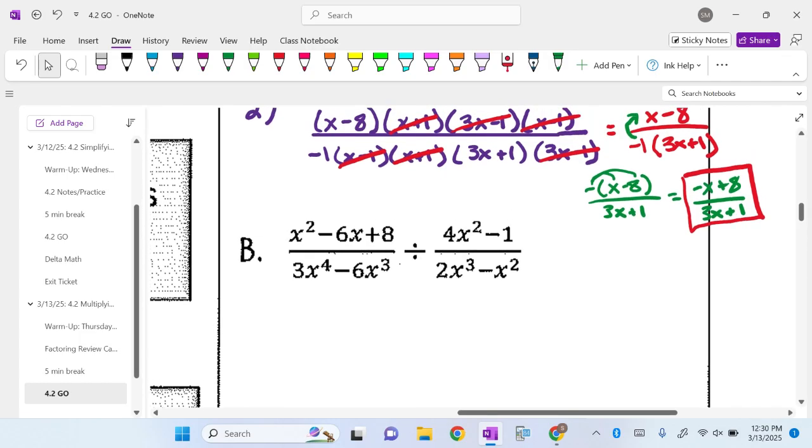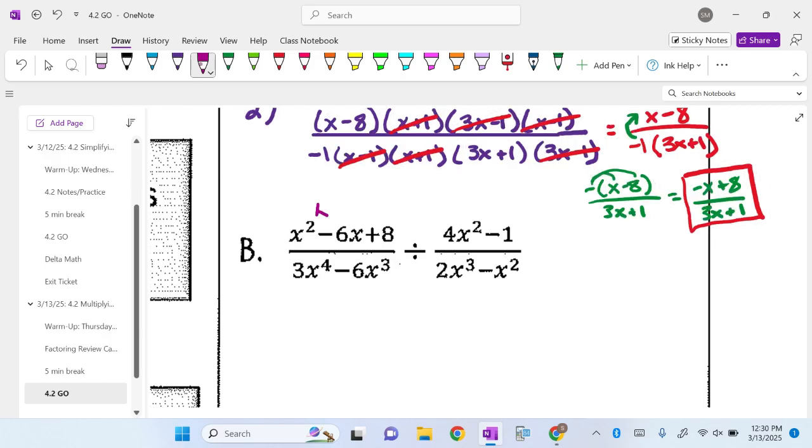So now we're dividing. What do we do when we divide fractions? What's the first thing we do even before we factor? So when we did the little numerical fractions up top, when we were dividing them, what did we do first? Right, keep, change, flip, so we can do the multiplication.